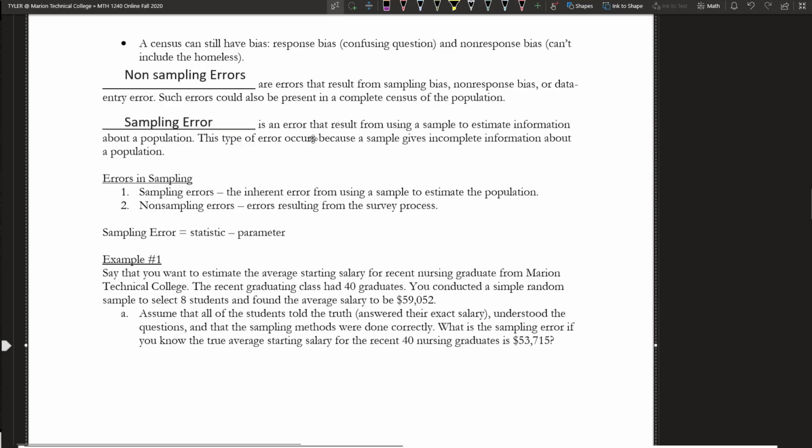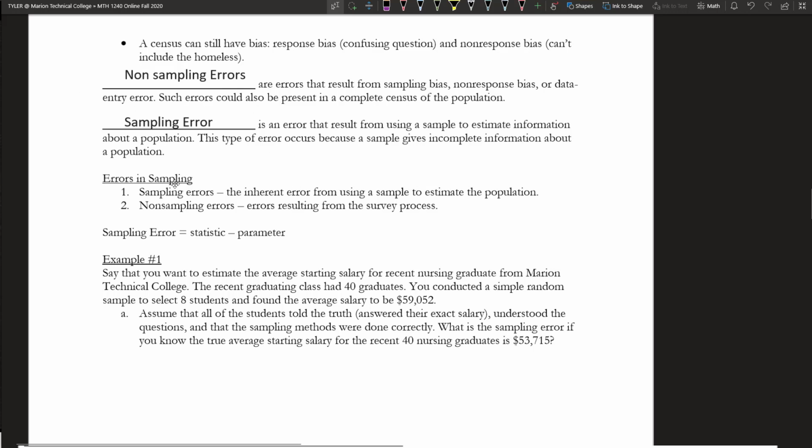And that's an error that results from using a sample to estimate information about a population. This type of error occurs because a sample gives incomplete information about a population, right? So naturally, with this idea of having a population and taking a sample to find information about the population, sampling error is going to occur no matter what, right? So it's impossible to not have sampling error.